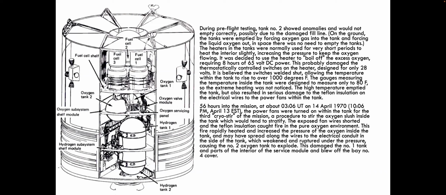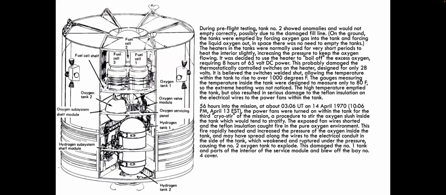What happened was that at one point, the voltage for the DC power changed, and somebody forgot to make a modification. So when a test was done, the entire tank would be filled with oxygen and hydrogen. The test would be run, and then it would be drained. Great, fine, wonderful. Well, a valve stuck at one point, and they weren't able to drain the oxygen.